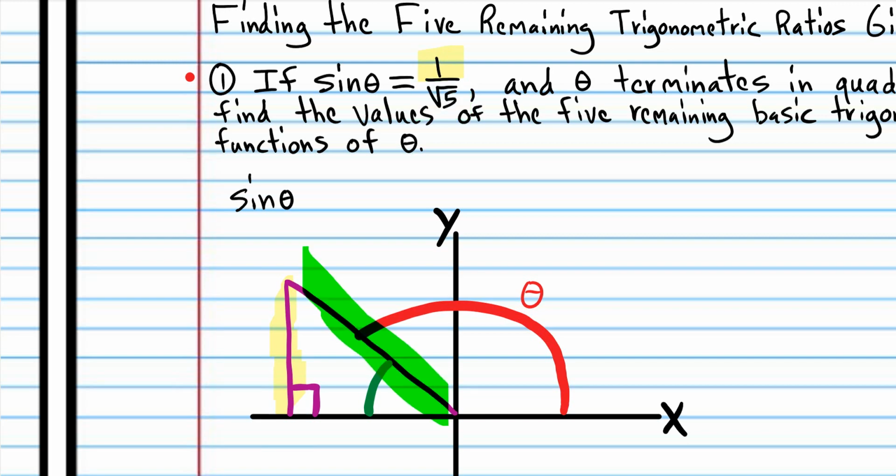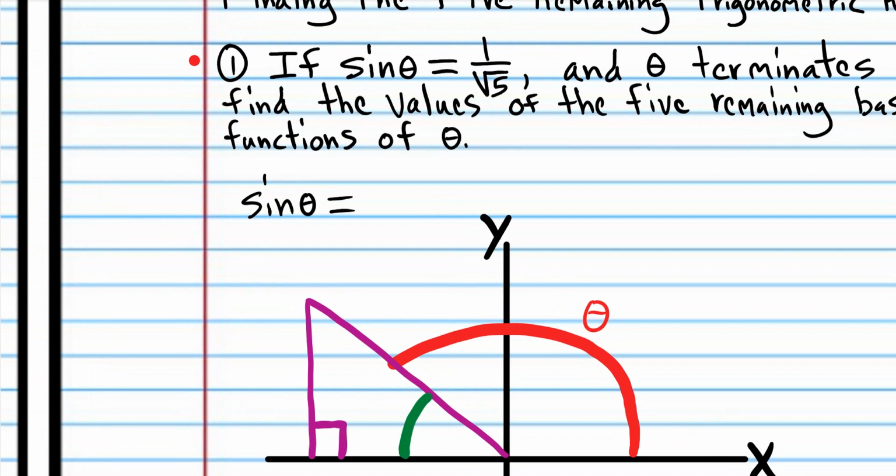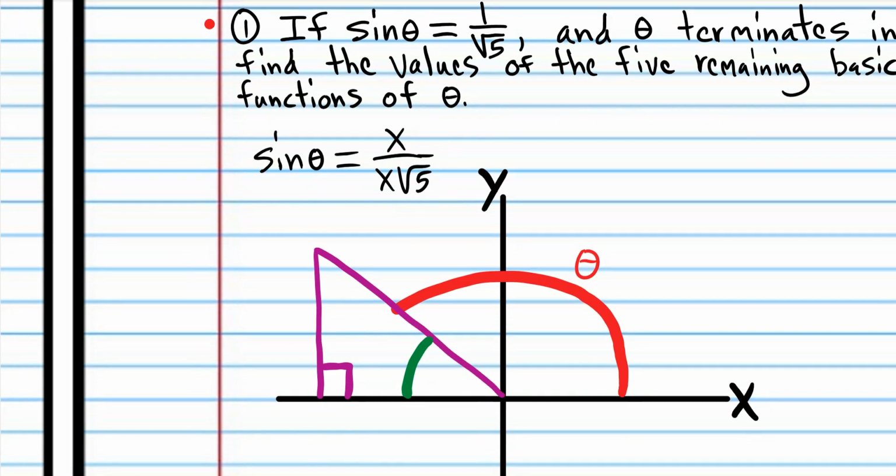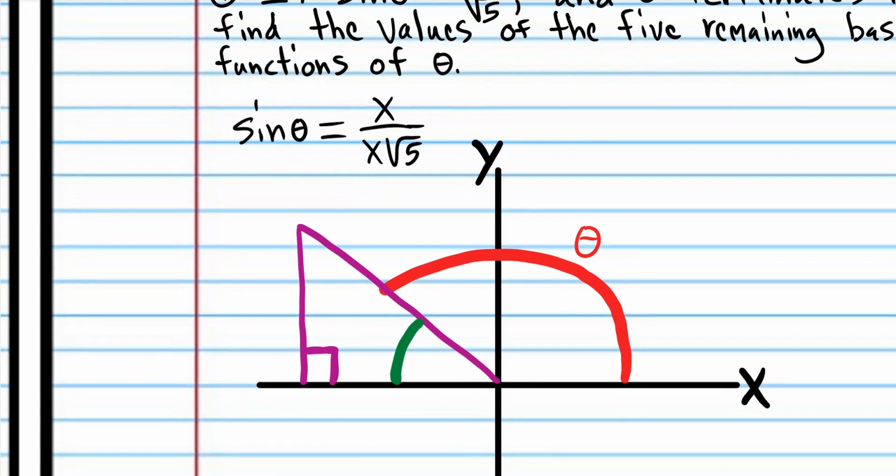All we know is the ratio of the side lengths. So there may be an unknown factor. Remember, when you divide numbers, sometimes your fraction can reduce, so we don't know exactly what the side lengths are. Now, sine is the opposite side over the hypotenuse, so we'll write x over here and x root 5 here.